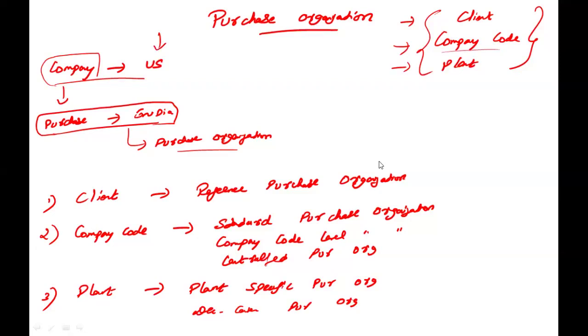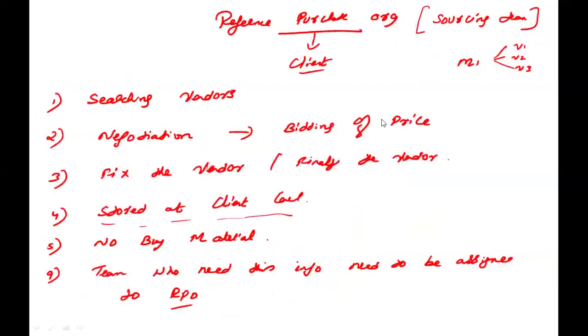Because they are the people who are going to source or find the vendors in the market, and they are the people who are going to get the quotation from them and do the negotiation. So the reference purchase organization is the team who is mostly involved in the negotiation and finalizing the vendor. From which vendor do we need to buy the material?